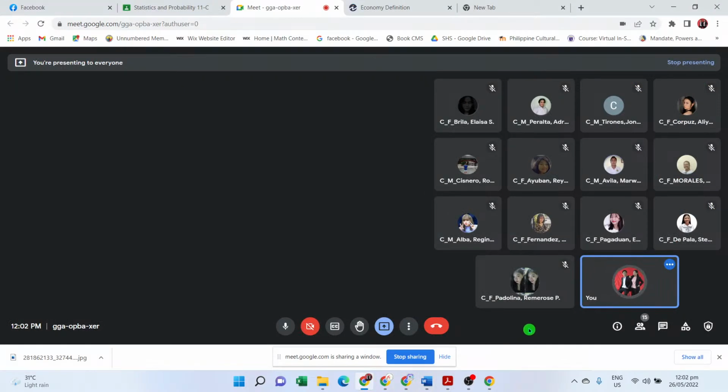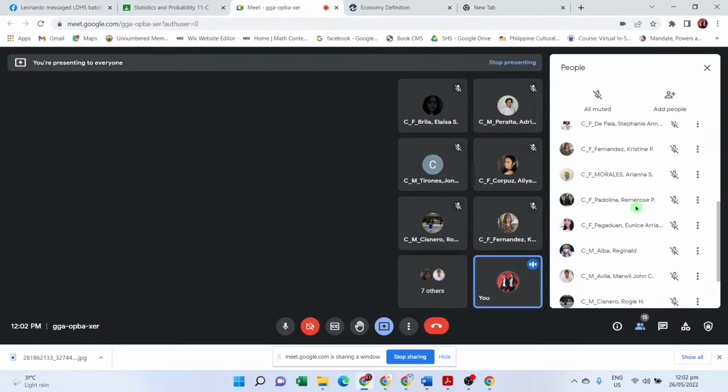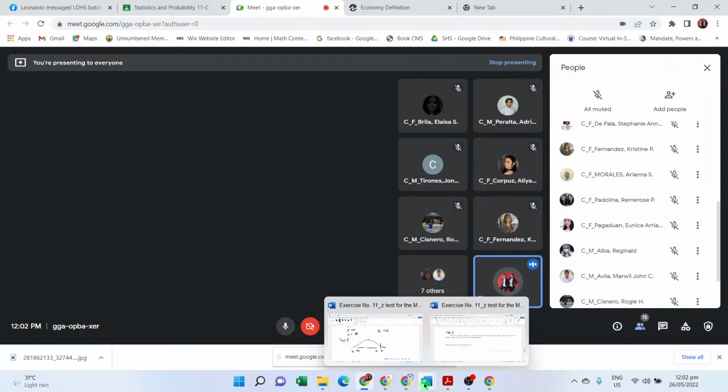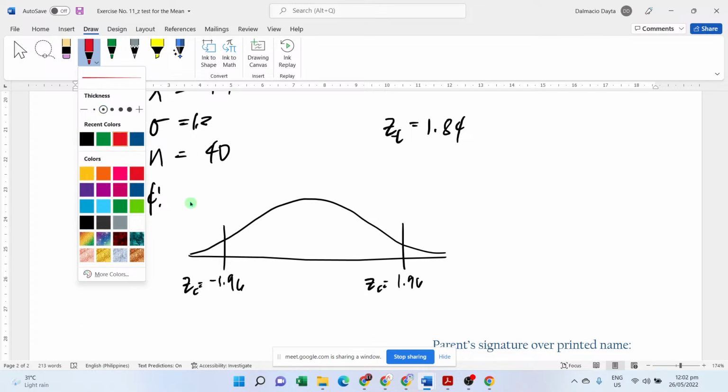Christine, sino yung nagsalita kanina? Fernandez? Tama ba ako? Nasaan na siya? Christine, please. Is it in between or is it somewhere in the tails? Nasaan ba siya? Yung 1.84. Nasa gitna ba o nandun sa mga dulo?